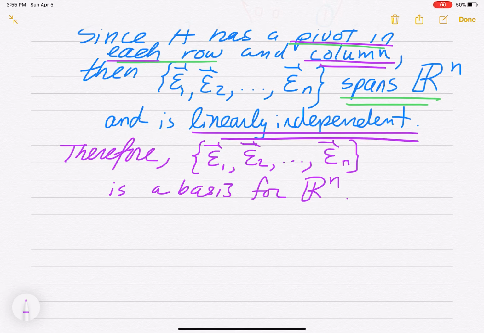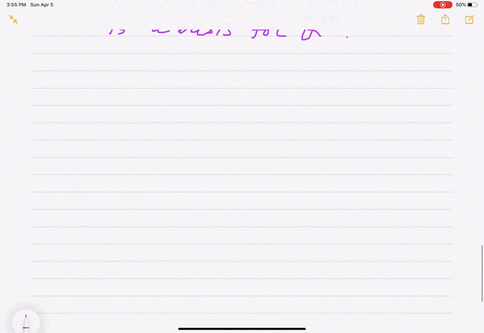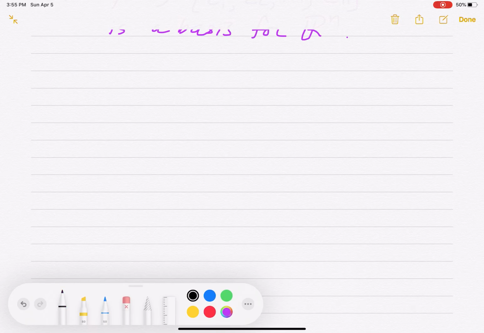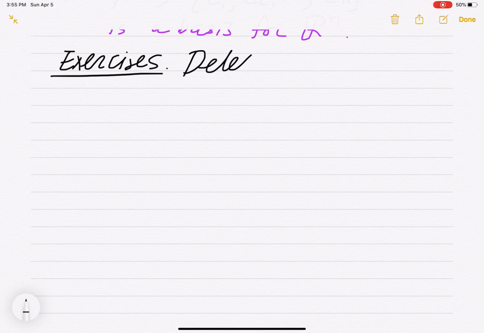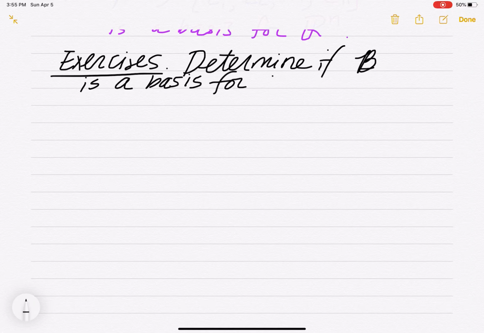All right, let's do maybe some more examples. Exercises. Determine if the set B is a basis for Rn. Okay, number one.